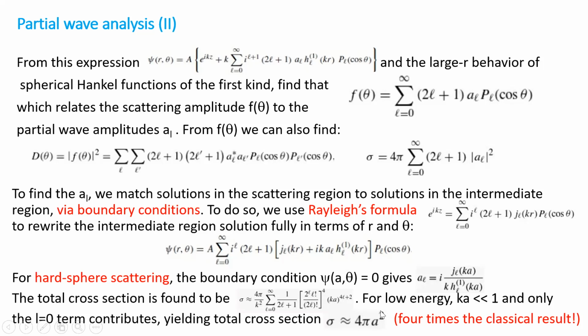So it's 4 times the classical result. And this is kind of because this wave diffracts around the hard sphere, and it probes and feels the entire surface area as it scatters. So that's an interesting quantum prediction, which is borne out in experiments where quantum scattering is necessary.